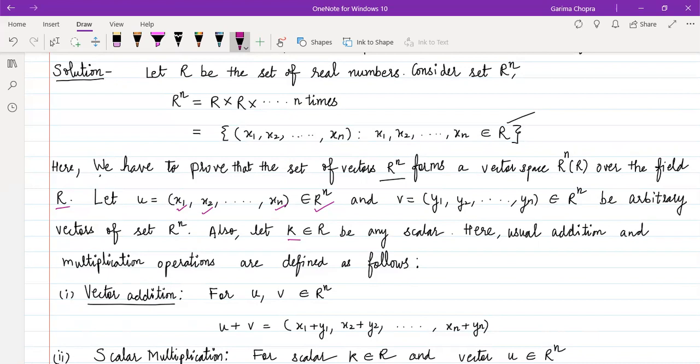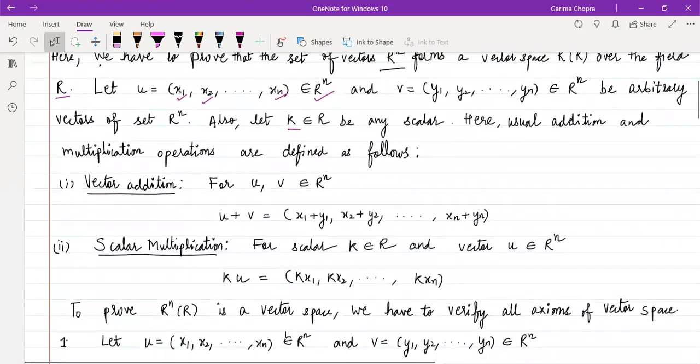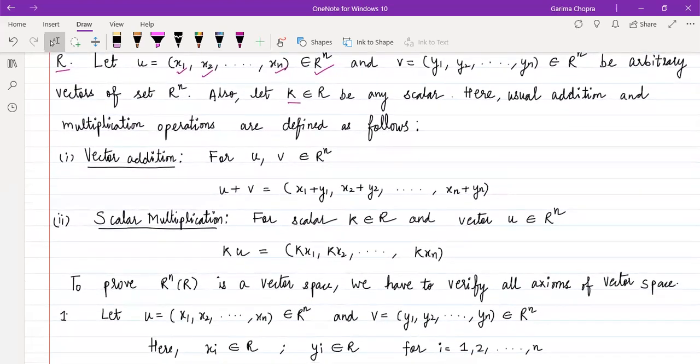And then we have written the two operations here. We have defined what the two operations are, because when we talk about vector space, we have two operations. So here the vector addition is a usual addition. So it will be defined in this way.